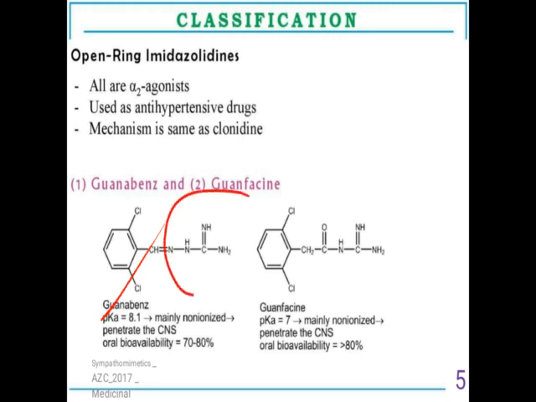So instead of the imidazoline ring, they have an open chain in the structure. Just write down the structure of guanfacine. Nitrogen is there, in an open chain, so it becomes an alpha-2 agonist as compared to an alpha-1 agonist drug.